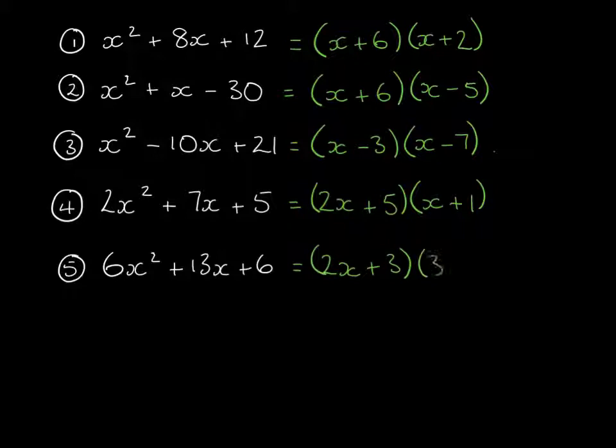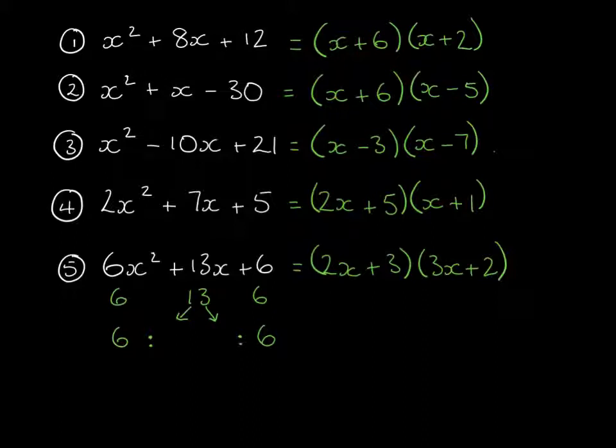and 3x plus 2. Now the reason is, when you've got 6 and 13 and 6, you have to break that 13 up into 2 bits, which multiply to give you 6 times 6, which is 36. So you've got a ratio of 6 to something and a ratio of something to 6, or the other way round.